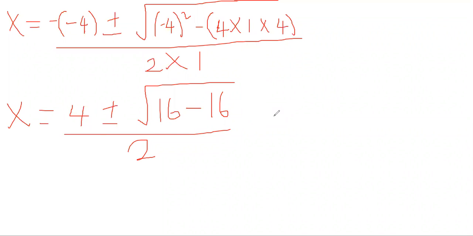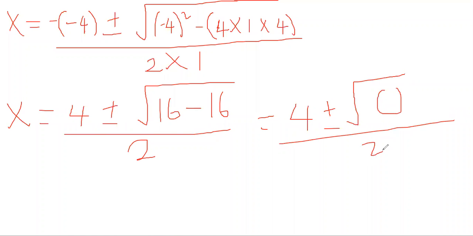So we have this 4, our plus or minus, the square root of 0, all over 2. At the end of the day, x equals to 4 plus or minus the square root of 0, which is 0, we know that, then over 2.